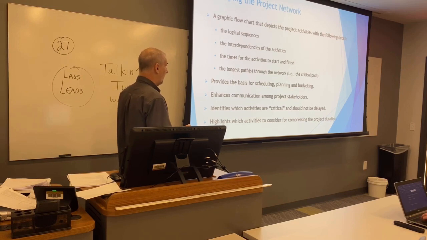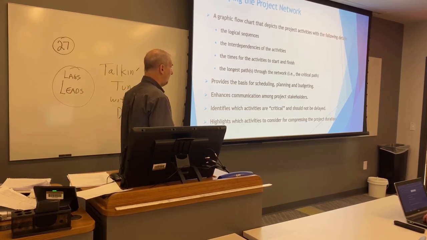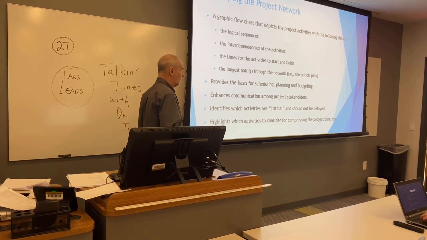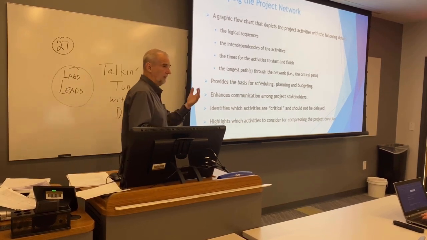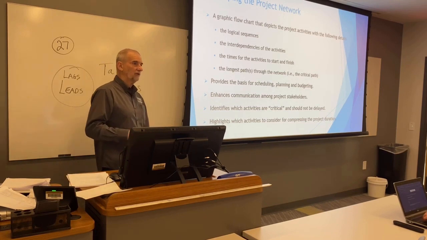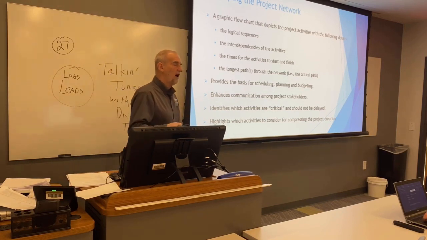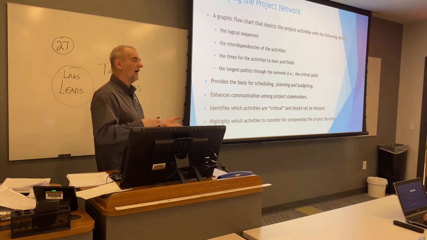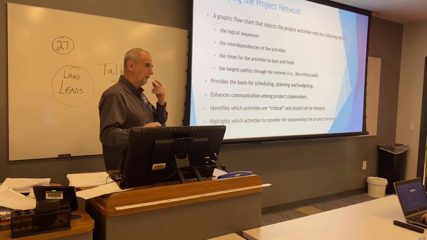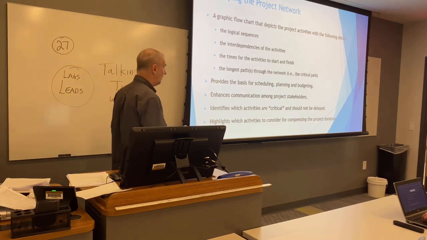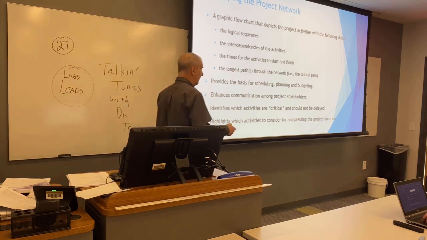You put times to start and finish, and you identify the longest path through the network. That's the critical path. So a future exam question could be, which of the following items are not part of the critical path? If you know the critical path is the longest path, you're going to be in good shape. This is the foundation to do these things, including getting money.